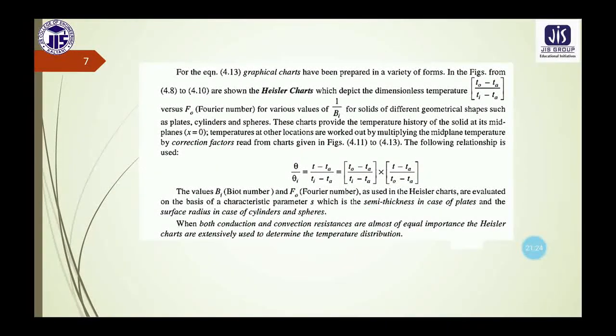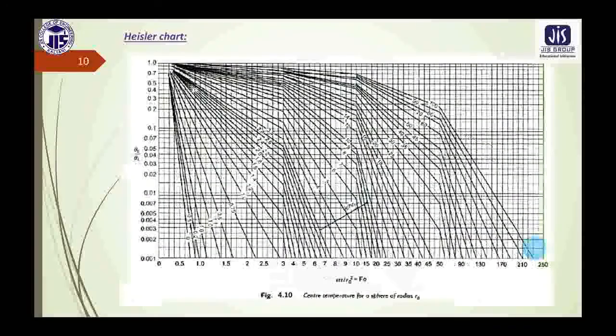These charts provide the temperature history of the solid at its mid plane, that is when x equals 0. Temperature at other locations is worked out by multiplying the mid plane temperature by correction factors. So how to do that? First, let us go to those charts.